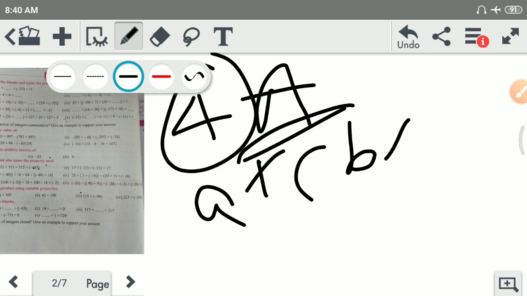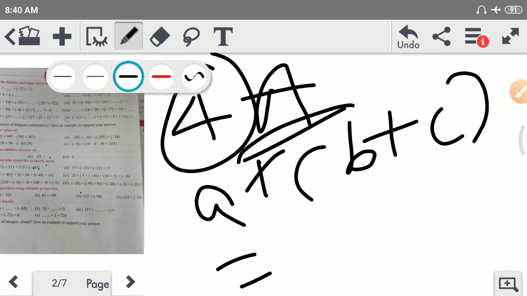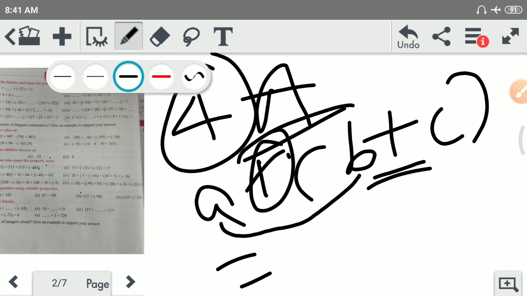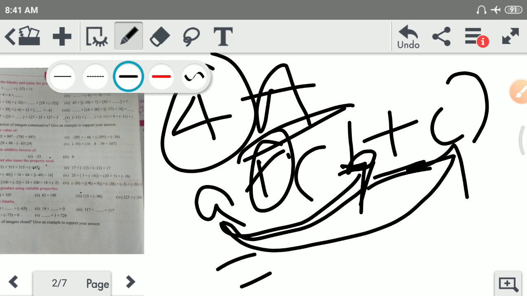Then the distributive property. What is that? A into B plus C. Students, just observe these two things. In your associative property, all are addition or all are multiplication, but here one is multiplication and one is addition. So when you have different signs, and A multiplies with B and A again multiplies with C, then this property is called the distributive property.